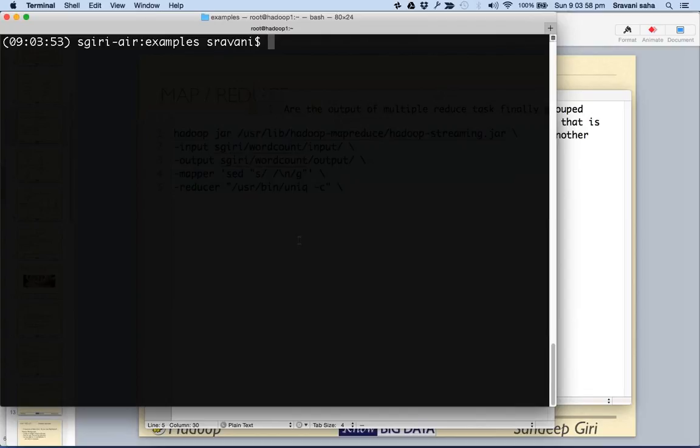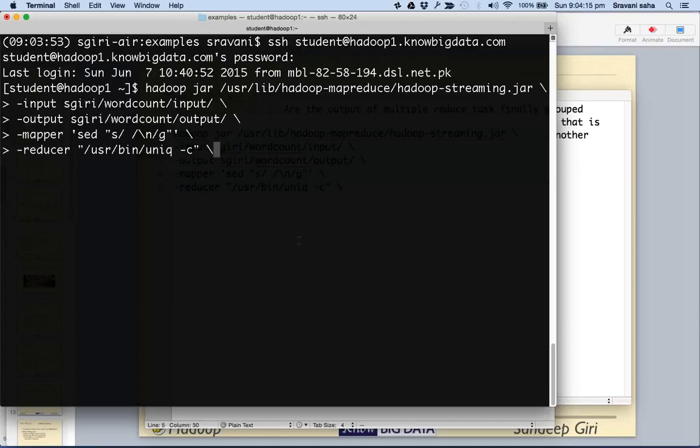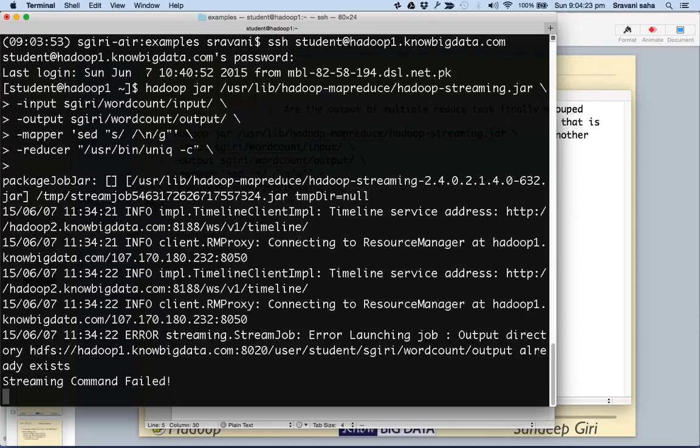Is my font visible? All right. So if you run it, it'll give an error saying the output directory already exists.